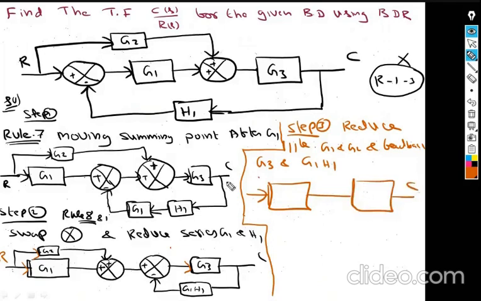This is C and this is R. Here both are in parallel, so G1 plus G2, and these two are in feedback. The resultant for the feedback, since it is negative feedback, is G3 by 1 plus G3 into G1 H1.